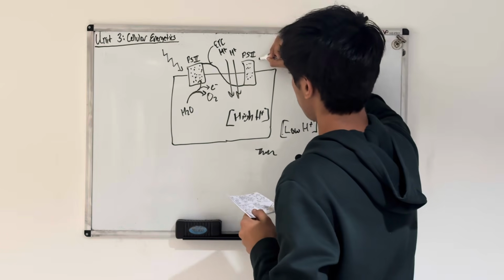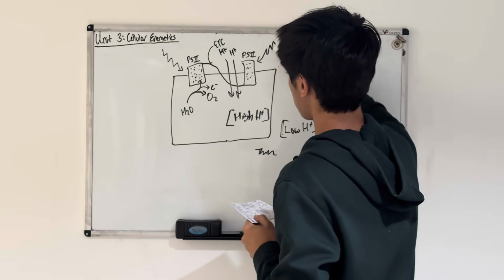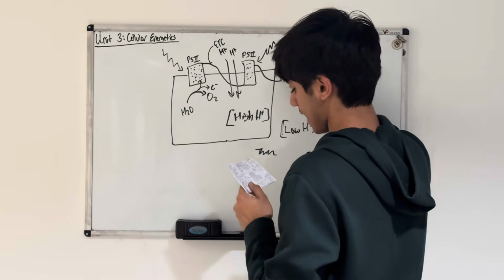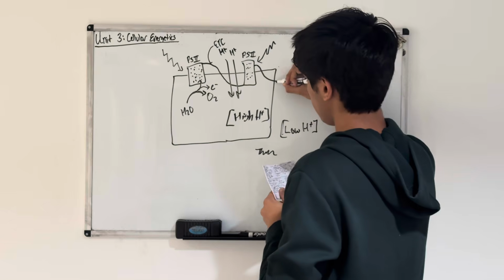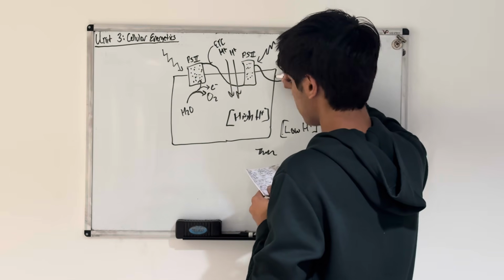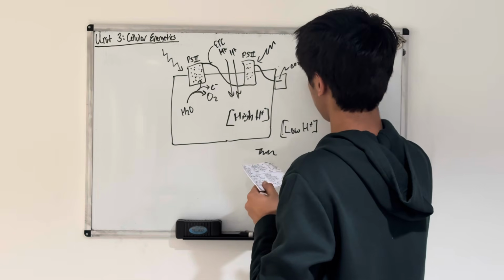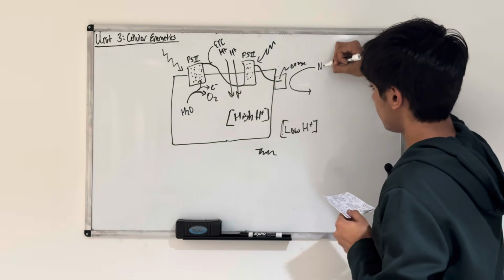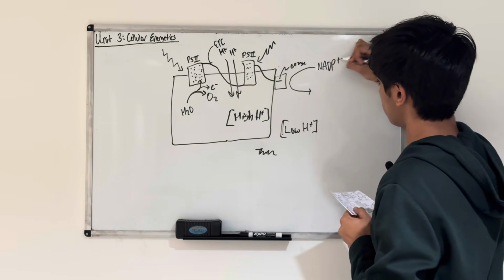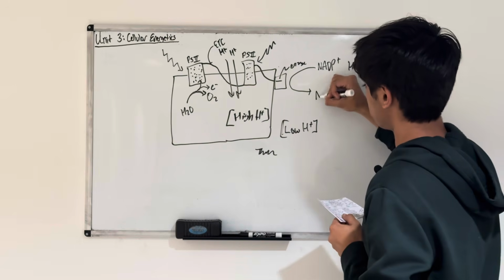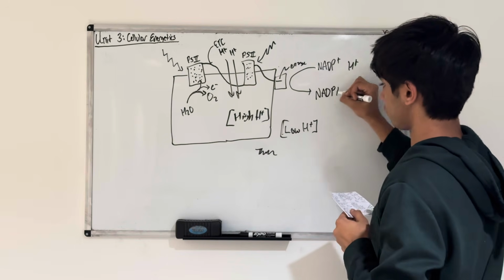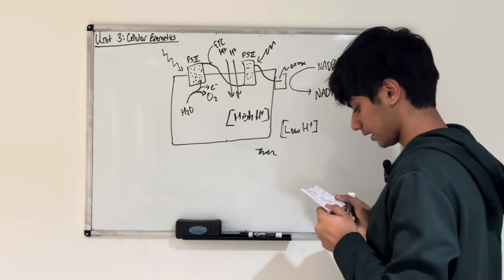Photosystem 1 then absorbs more energy, which then powers the electron transport chain again. And at the end of the electron transport chain here, we have an enzyme that serves to fix NADP plus and a proton into NADPH. So we have an electron carrier now.